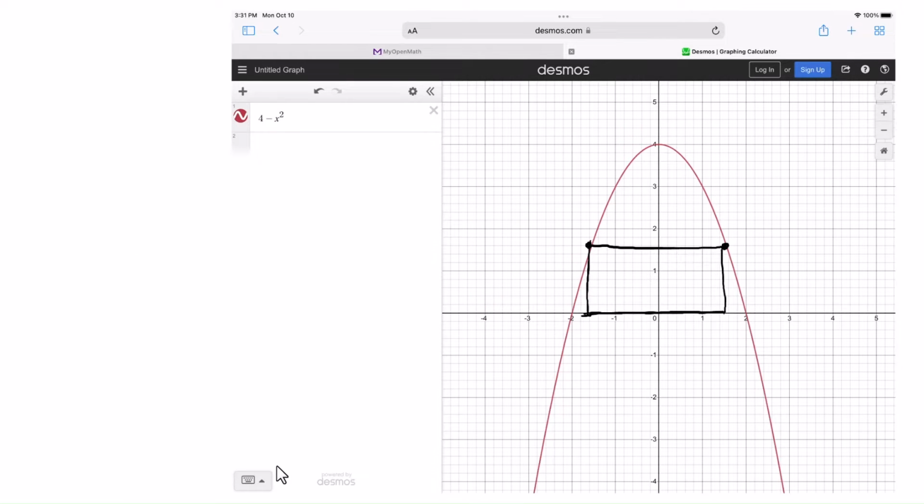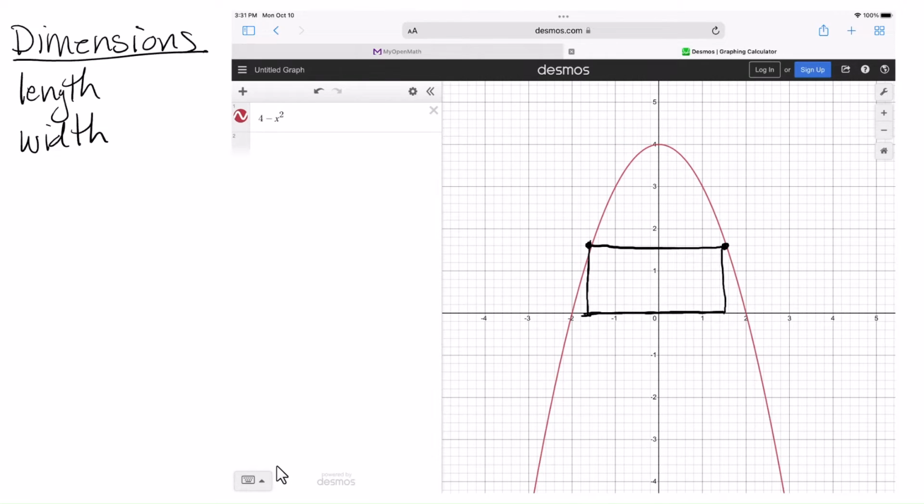So if we're looking for dimensions, that means we're looking for length and width. We've got to have a variable, and we can only use one variable.